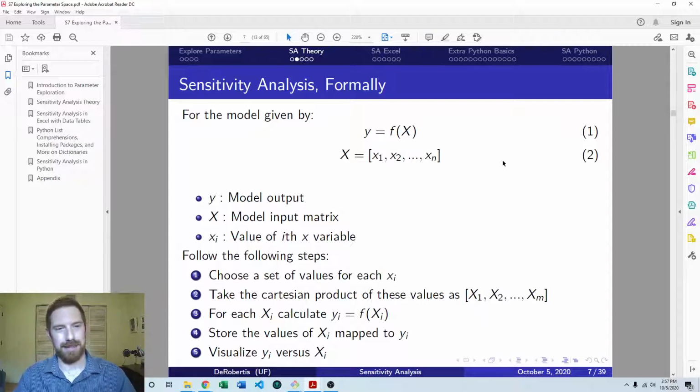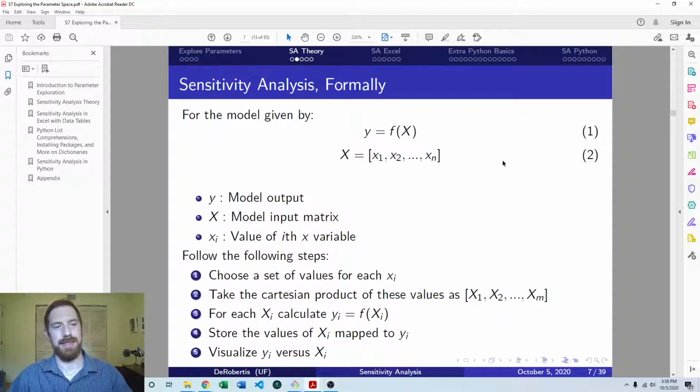So what we're doing in sensitivity analysis is, for each one of the inputs, we're going to choose a set of possible values for that input. Say it's interest rate. You might say it could be anywhere from 3 to 10%: 3, 4, 5, 6, 7, 8, 9, 10%. Those would be your values. And you would want to do that for multiple different inputs, whatever makes sense to analyze in your problem.